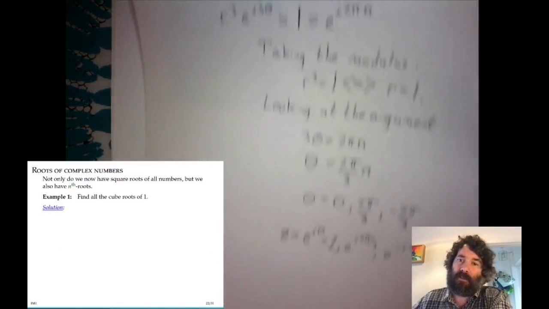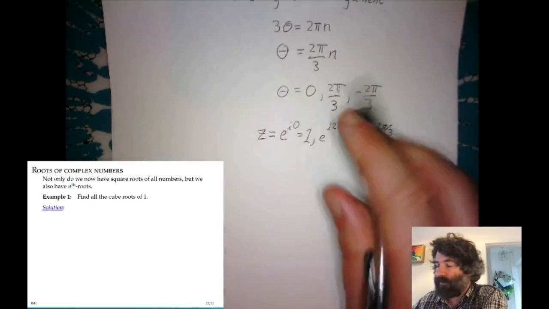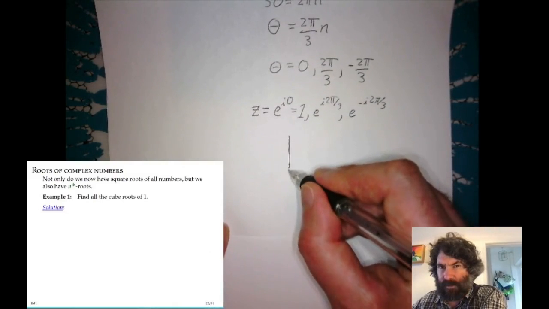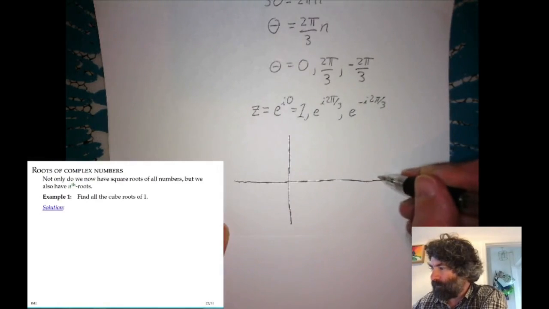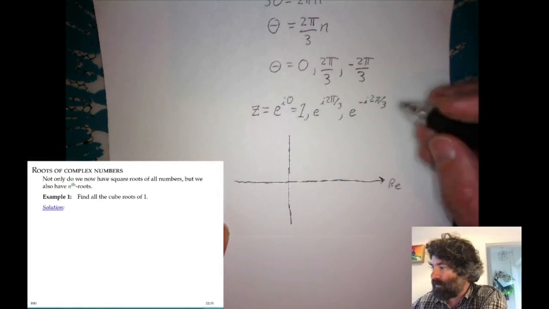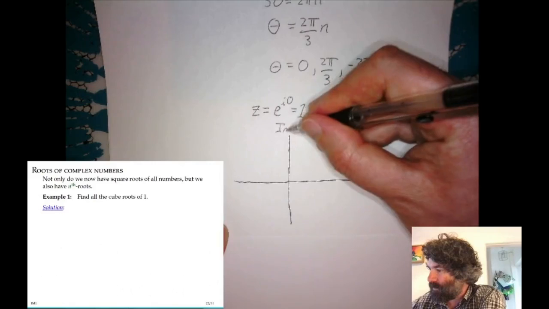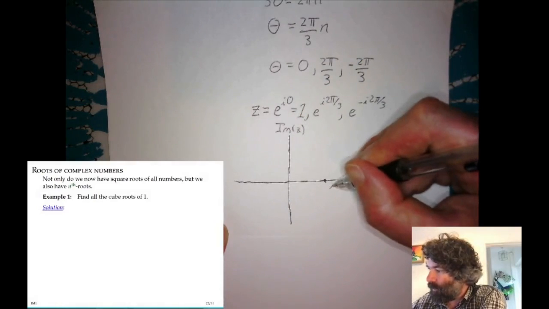Let's just plot these in the Argand diagram. We're going to get a better feel for what's happening. So if we draw the complex plane here, the real axis, real part of z, and the imaginary axis. Say this is 1 here.